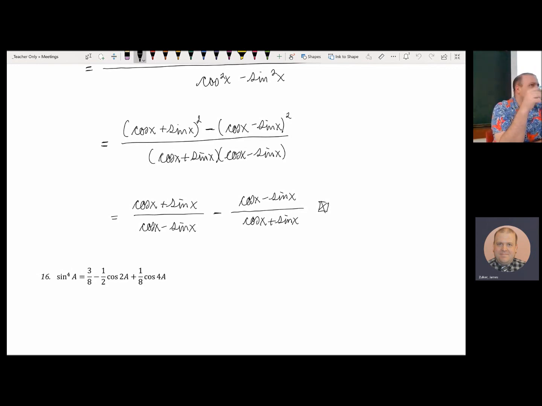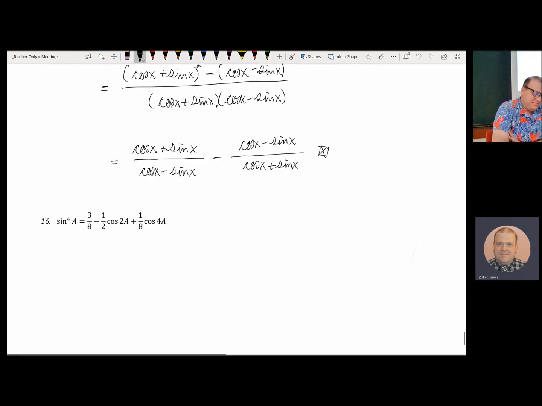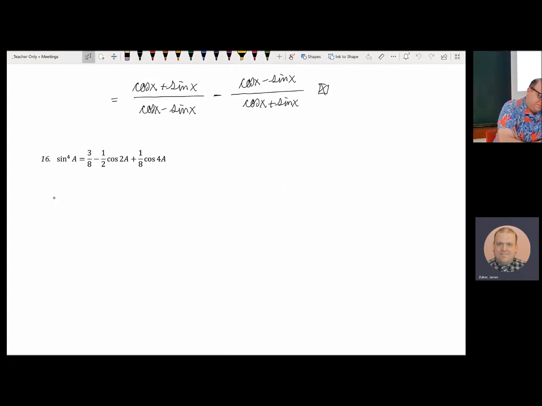Sine to the fourth A is 3/8 minus a half cosine 2A plus an eighth cosine of 4A. Sine to the fourth is sine squared, squared.